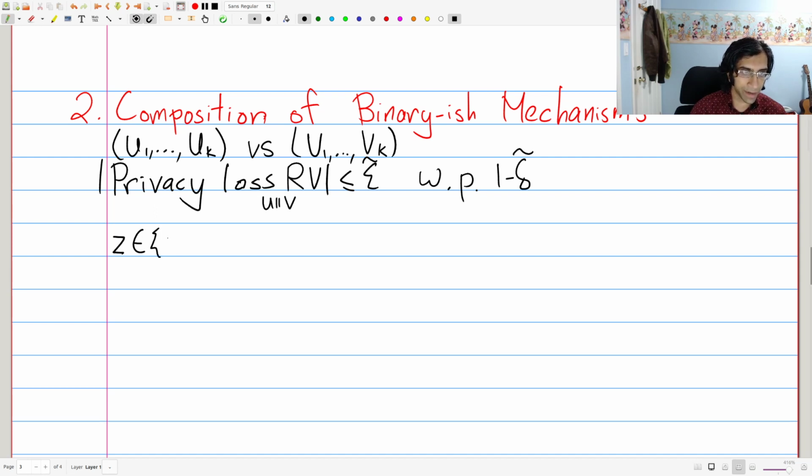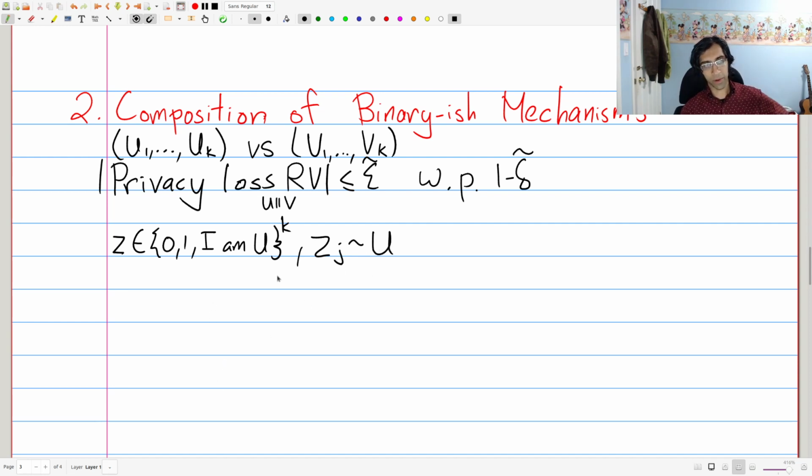It'll be in {0, 1, ⊥}^K, and each Z_j will be sampled according to the distribution U. That's the notation we're going to use as we go through it.